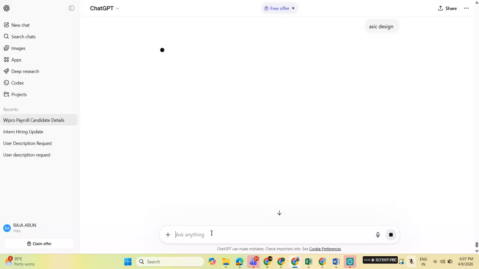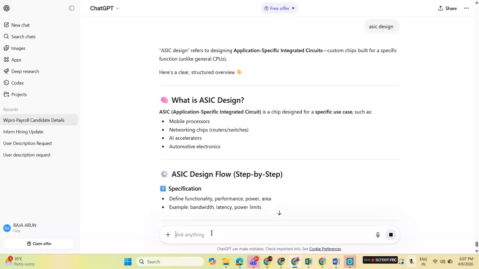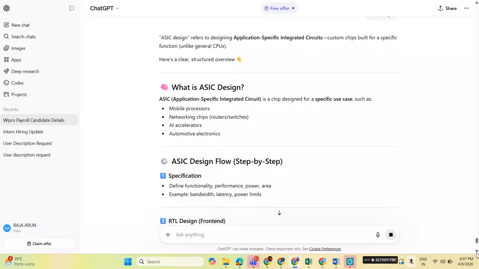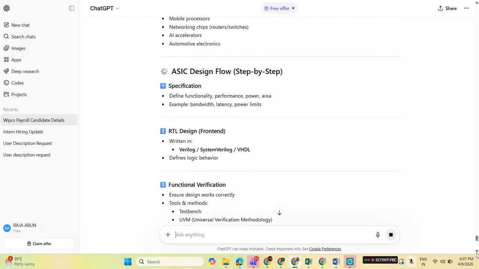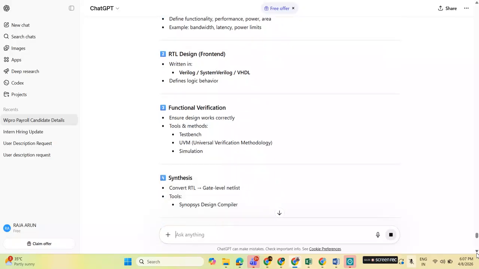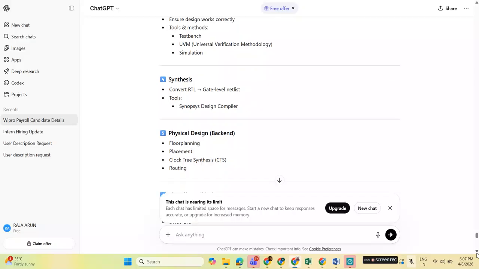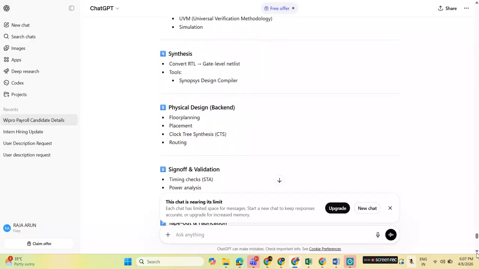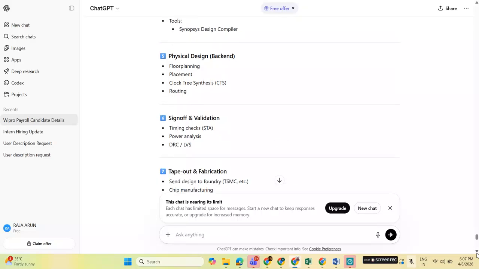There are two types, synchronous and asynchronous. In that application specific integrated circuit, there is a step by step process: Verilog, SystemVerilog, VHDL; for verification, test bench, UVM, simulations; for synthesis, RTL, gate level, Synopsys design; and for PD, floor planning, placement, clock tree, routing, and STA for sign off.